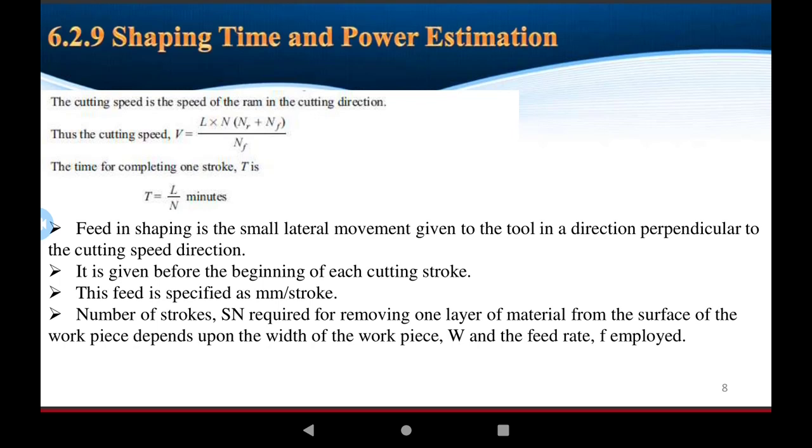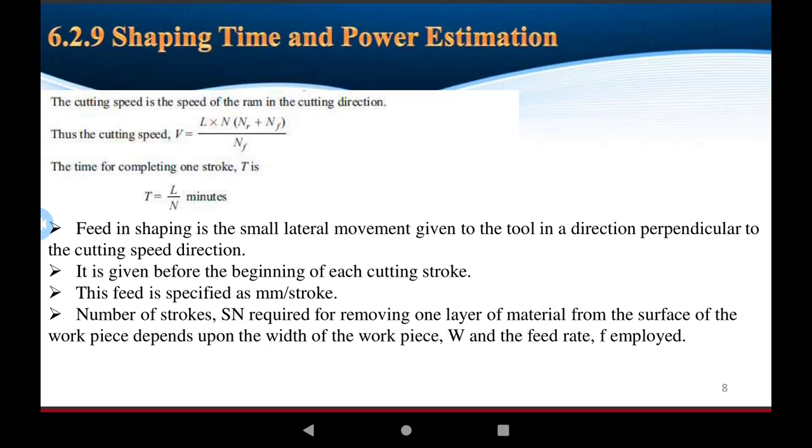The feed itself is the small lateral movement given to the tool in the direction perpendicular to the cutting speed direction. This is given before the beginning of each cutting stroke.